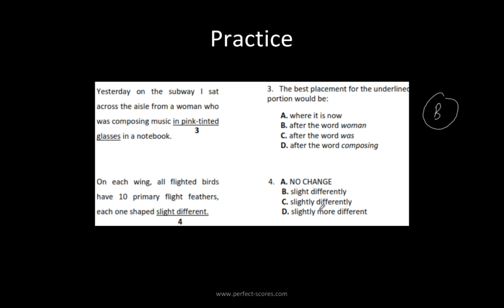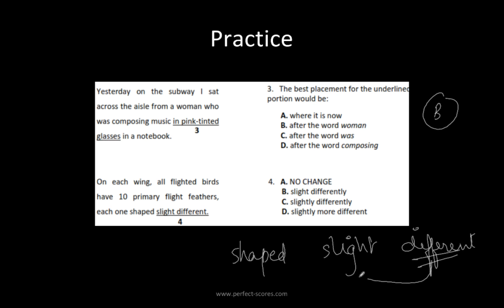Then the fourth one. "On each wing, all flighted birds have 10 feathers, each one shaped," and then you have two words, "slight" and "different." Now clearly the word "different," or whatever has to come in its place, will modify a verb, which is "shaped." So definitely it's not "different," it needs to be "differently."